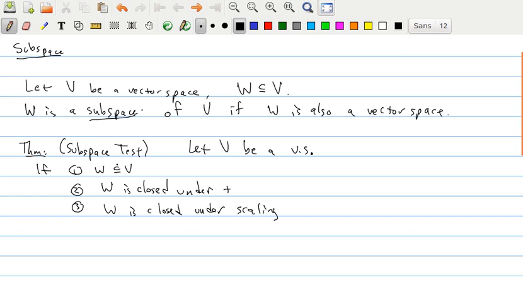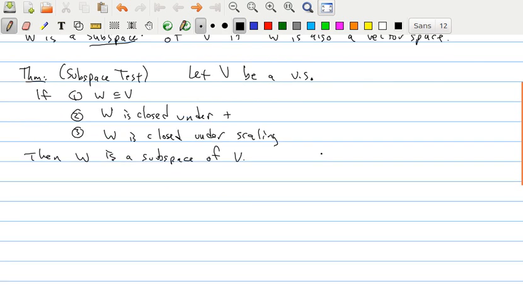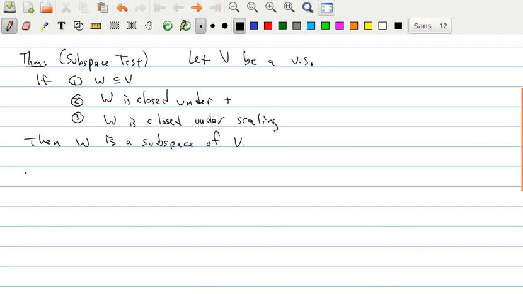So if it is a subset and it is closed under the two vector space properties, then W is a subspace of V. So let's look at an example or two of using this test to determine subspaces.